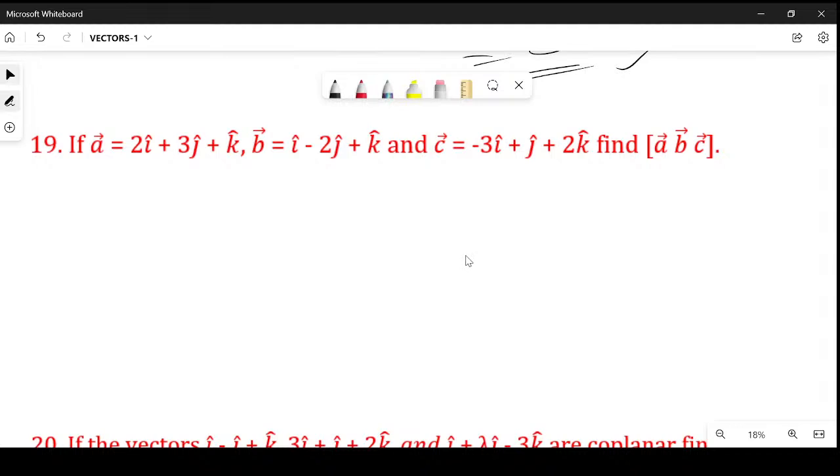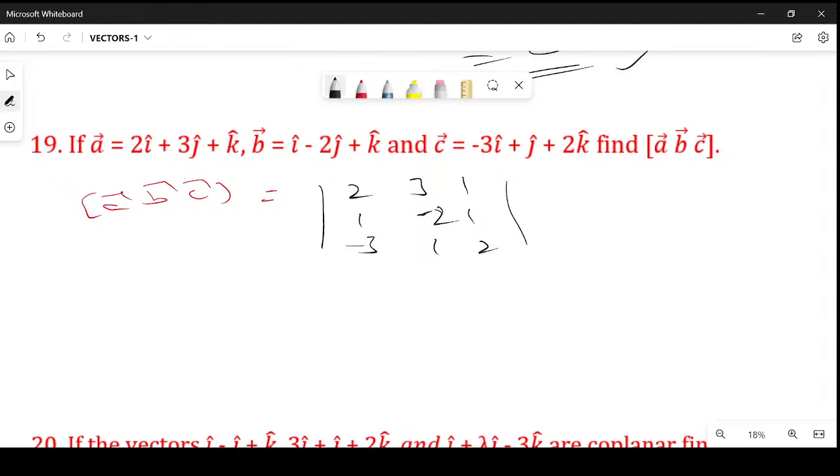If you find the box value, simply I can write box a bar b bar c bar equal to just the determinant. Just write only the determinant. It gives box a bar b bar c bar. You write the determinant of 2, 3, 1 and 1, minus 2, 1, and I can write minus 3, 1, 2.